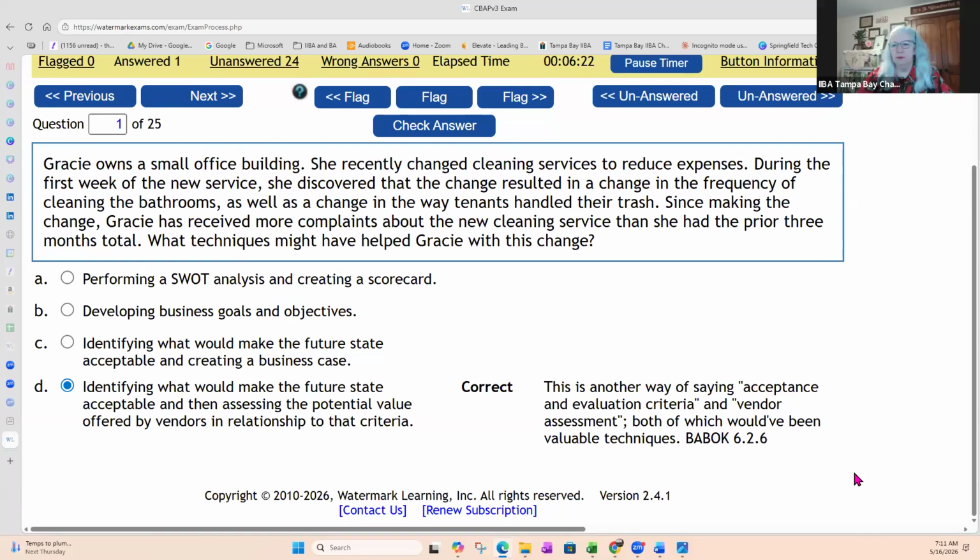And then you can make some measures so that you can take precautions against changes you don't want to have, like that the trash is not handled properly and the frequency of cleaning is not appropriate.